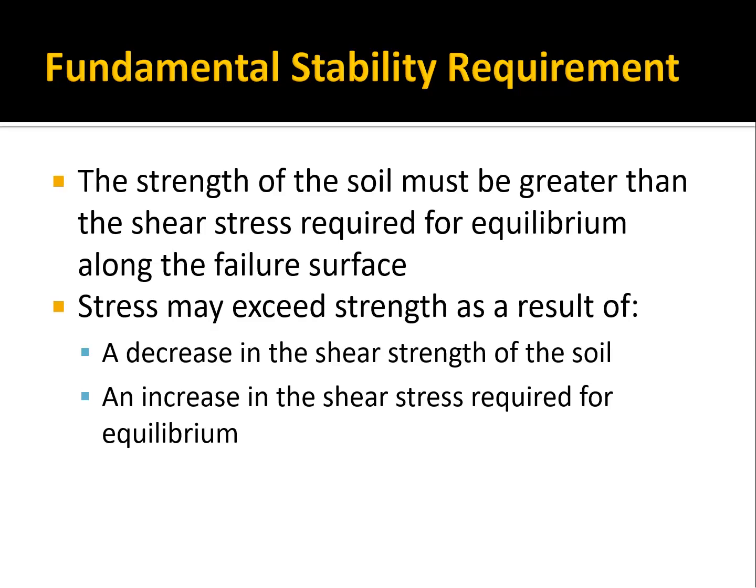We're actually going to be calculating what's called a factor of safety, which is the strength of the soil divided by the forces driving to failure, the forces necessary to keep it in equilibrium. That's something that we'll revisit.